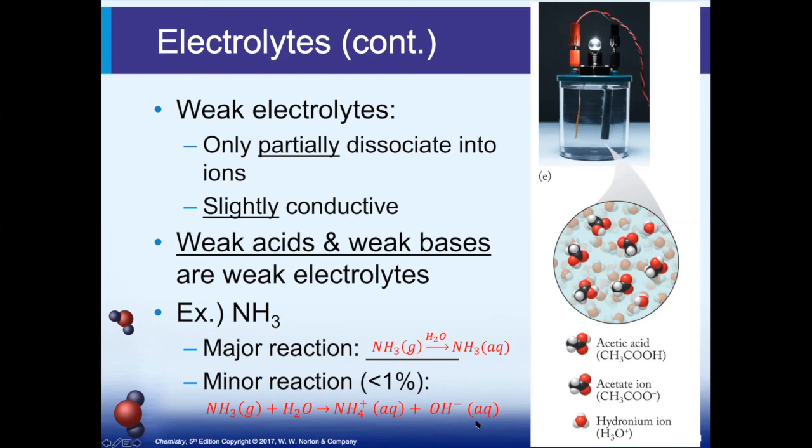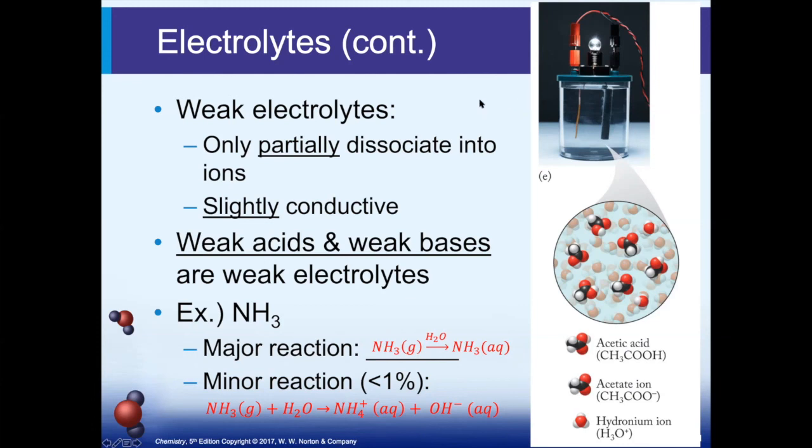That's why we say it's a weak electrolyte, because most of it does not form ions, but some of the solute molecules react with water to give us ions. So it's a weak electrolyte, it partially ionizes. That's evident in the fact that this does conduct a little bit of electricity, but it's a dim light bulb, so not much electricity.